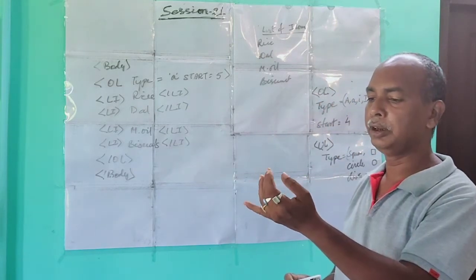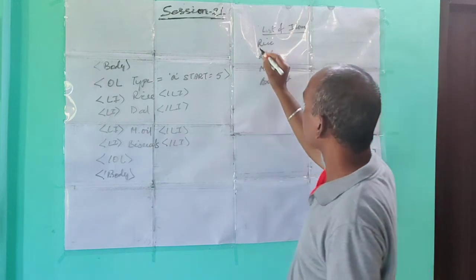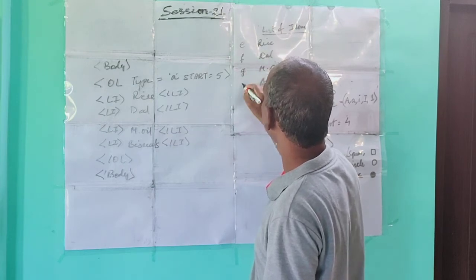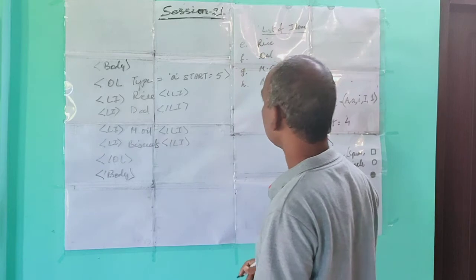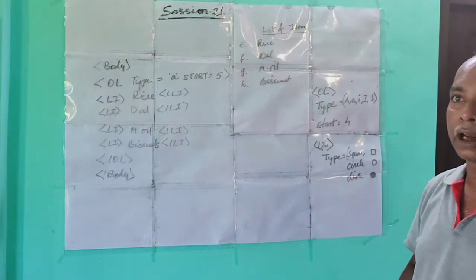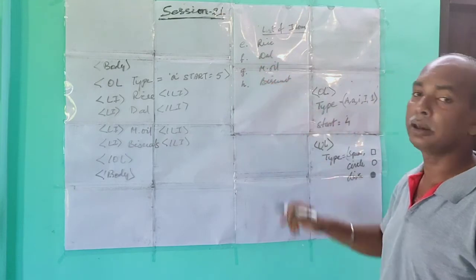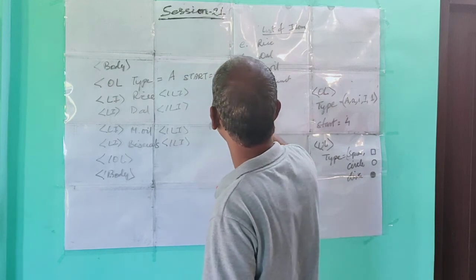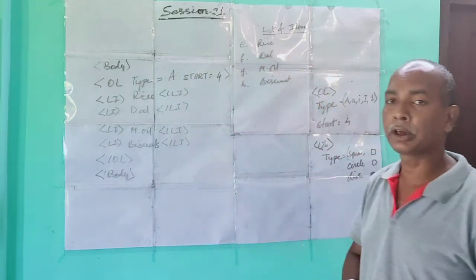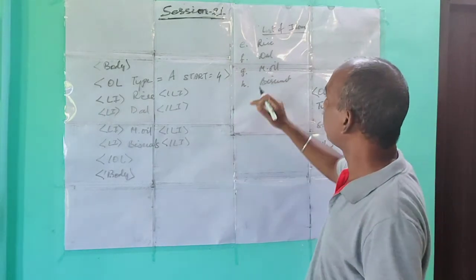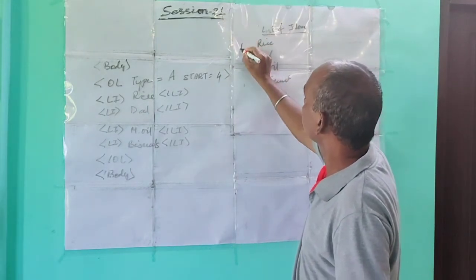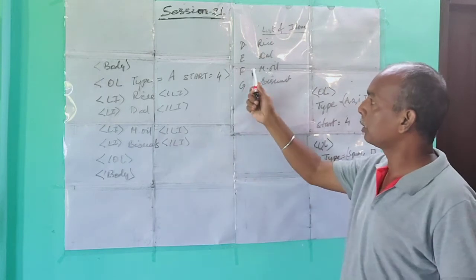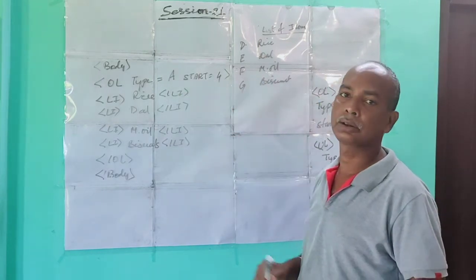A, B, C, D, E. The fifth letter is E. So it will start from small e, then F, G, and H. So the ordering of list items will start from E, F, G, and H. If I give capital A here and start from 4, then the fourth letter of the English alphabet is D, so here it will come D, E, F, and G. So this is the function of type and start. Clear?